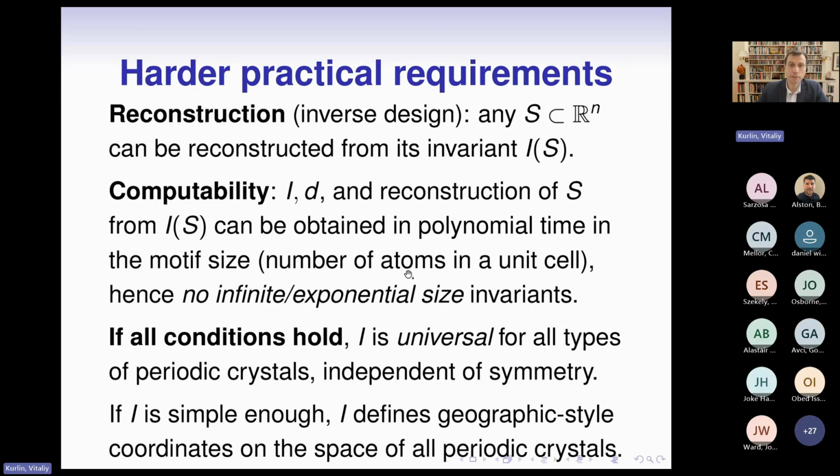Fast to compute here means in polynomial time in the input size, which is the number of points or atoms in a unit cell. Additionally, we would like these invariants to be simple enough so that we can go back and reconstruct any periodic set of points from its invariant value I of S.